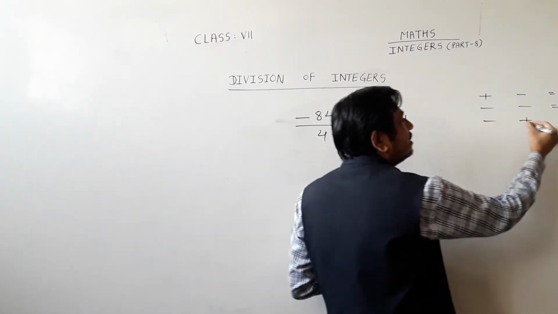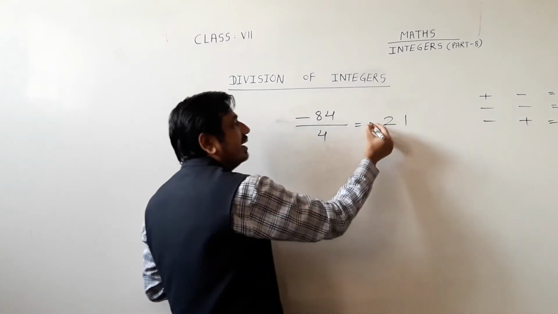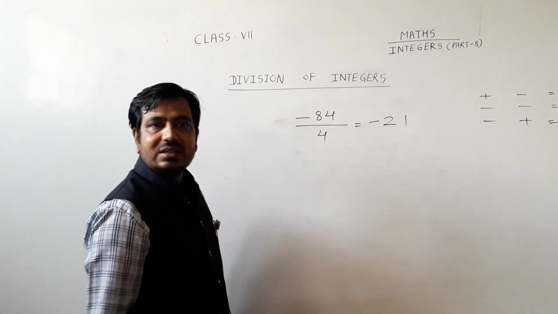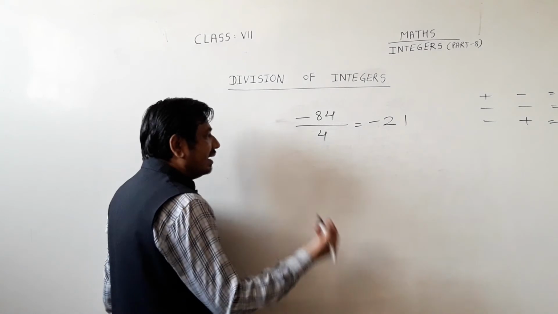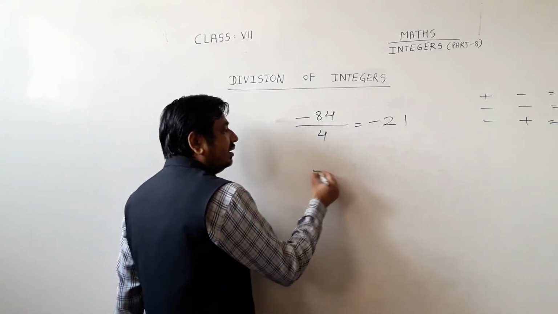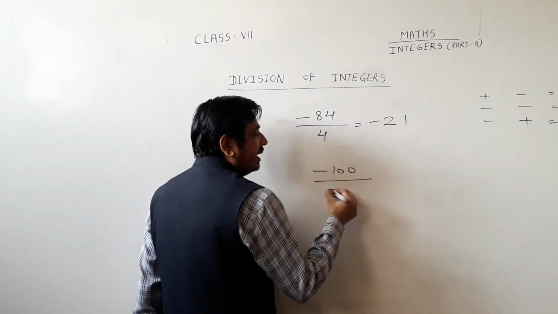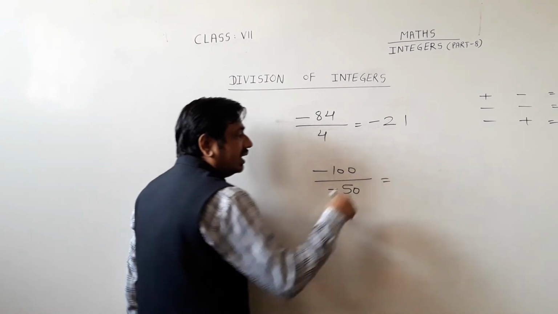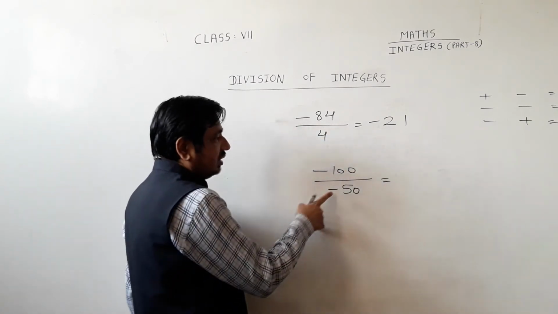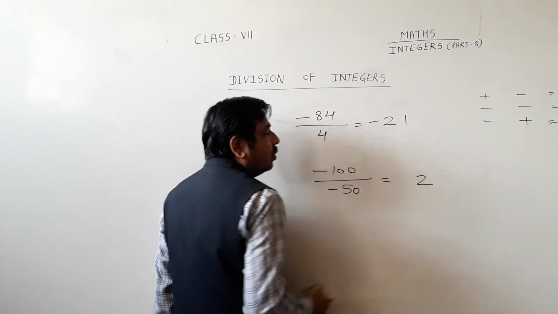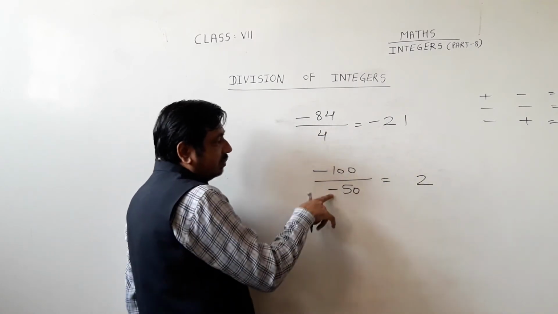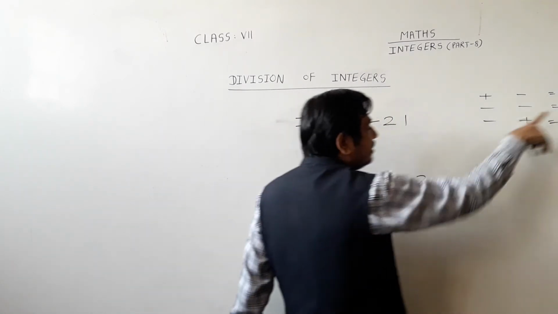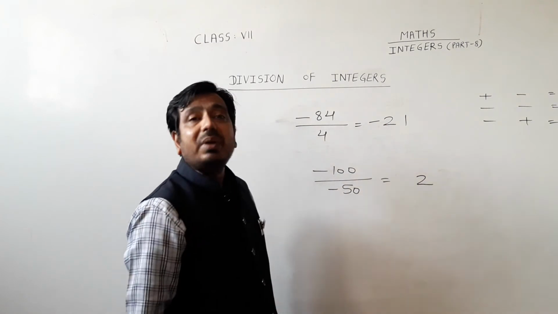You know minus plus gives minus, so the sign is negative. Okay class? Now take more examples. For example, minus 100 divided by minus 50. Both are integers. Now class, divide, it is 2, isn't it? And class, both numbers are negative, so the sign is positive. It is plus 2.